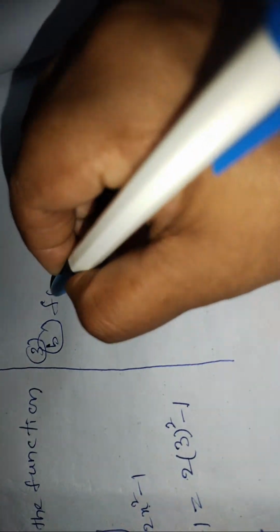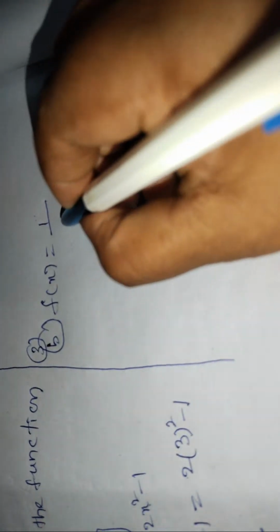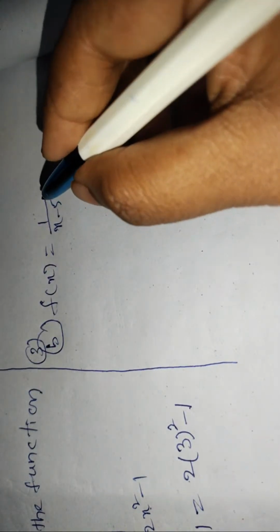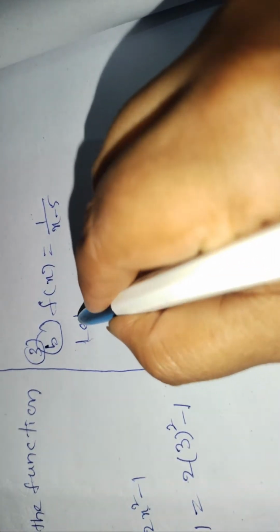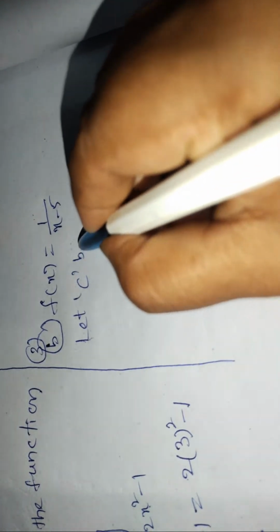What is the 3b? f of x is equal to 1 by x minus 5. This is the function. And in the question they didn't give c value. So let us consider c be a real number. I will take c, it is a real number.